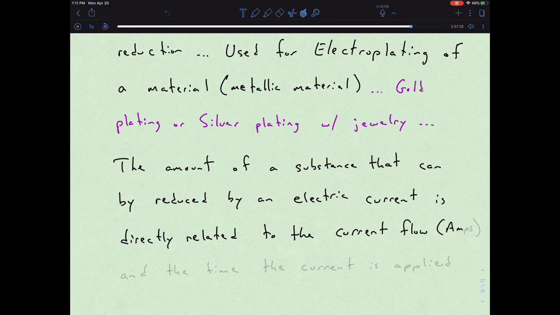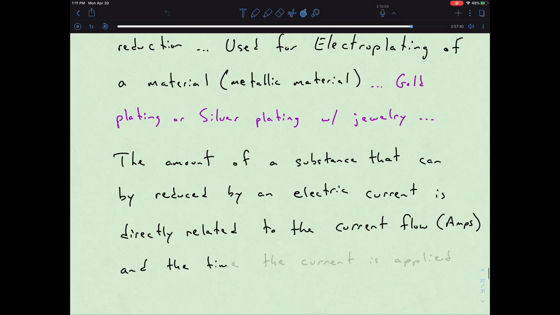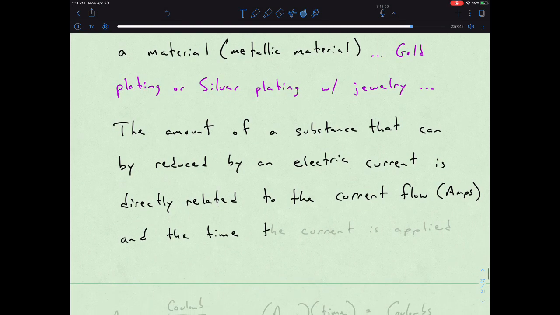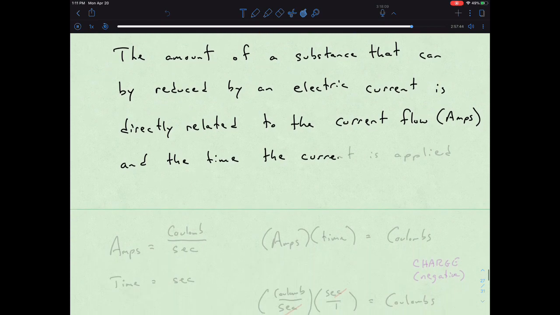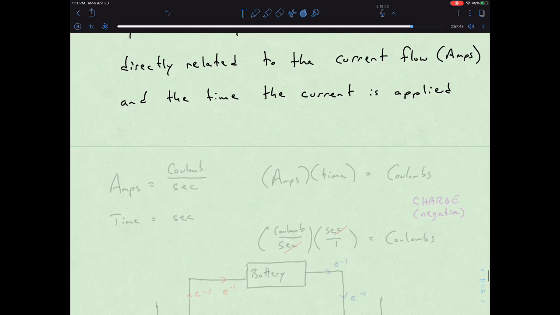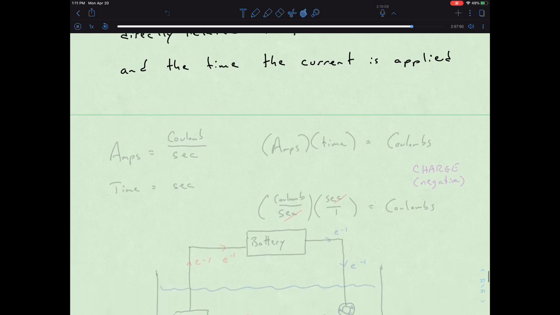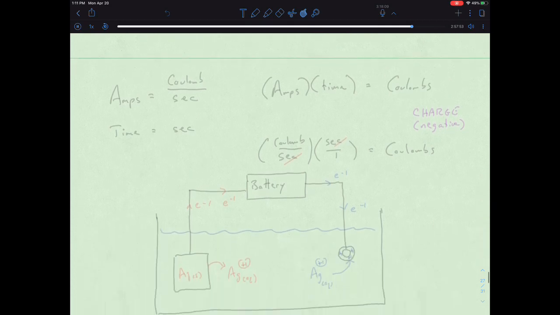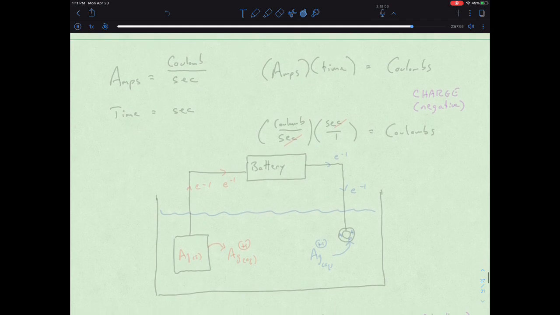And that would be in terms of amps, right? We've talked about amps earlier, now coming back to it. So it's directly related to the current flow and the time the current is applied. So that's really the big idea of electroplating.